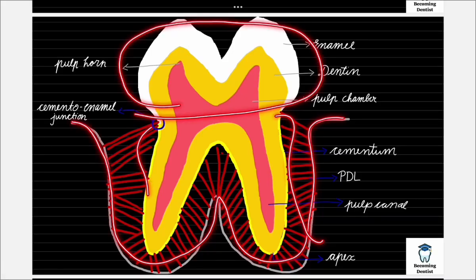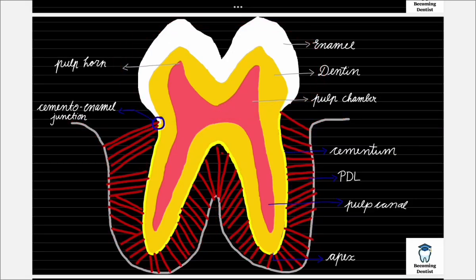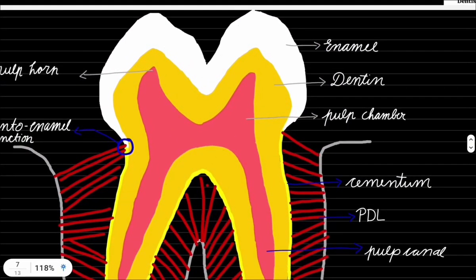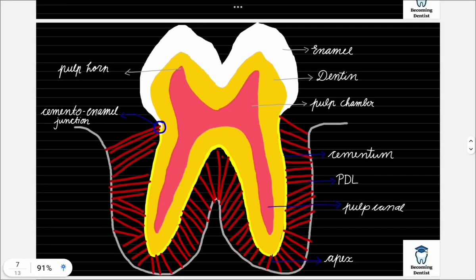This is the root, and this is the area of bifurcation of the root. Now, the innermost part of the tooth, which you can see here in pink color, is called the pulp of the tooth. Here it is the pulp of the tooth, which is the soft tissue of the tooth.